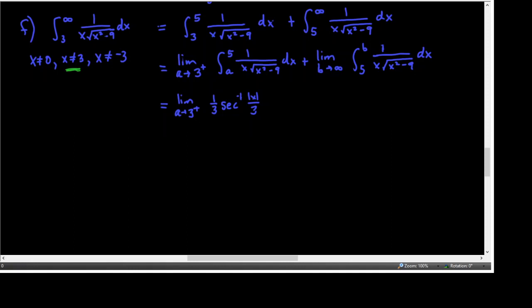That'll go from a to 5. And this one will be the limit as b approaches infinity of the same antiderivative, 1/3 secant inverse of the absolute value of x over 3, this time from 5 to b.